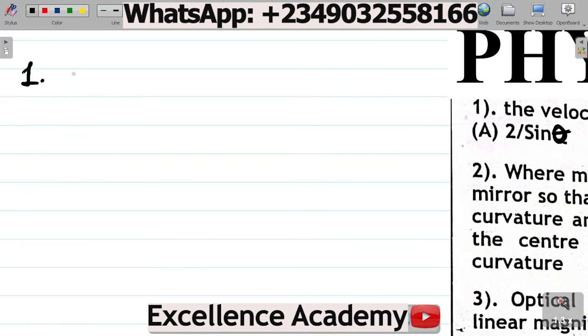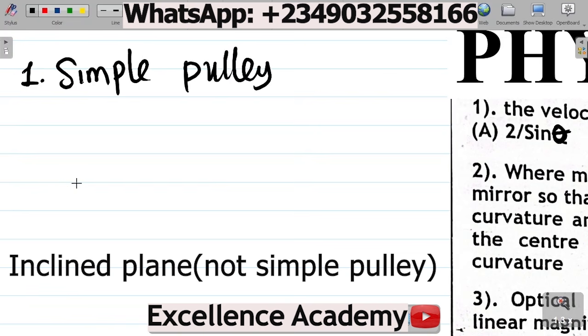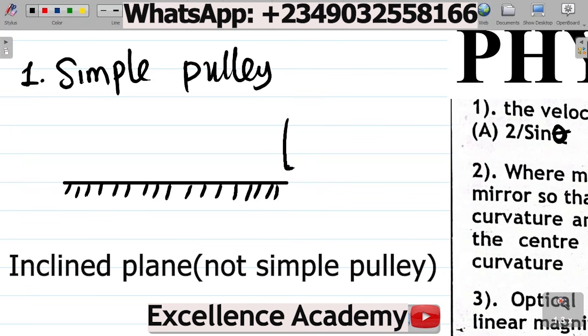Let's consider a machine known as the simple pulley. Now, when you have a simple pulley, which is basically in this form, we have a ground surface like this. And let's say you have a truck here, this way.